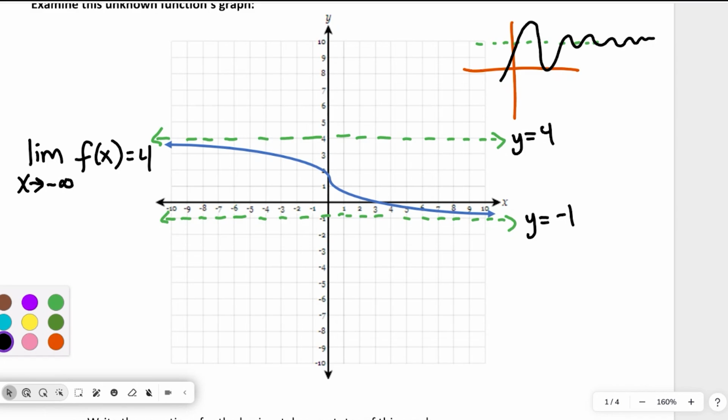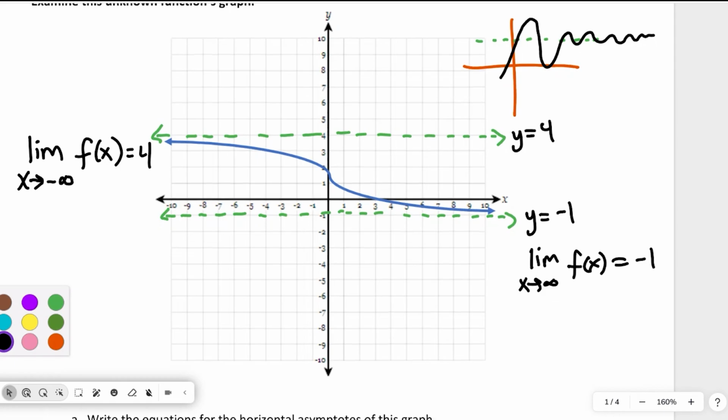So the value of the function as x goes to the left is 4. The value of the function as x goes to the right, which we can write as the limit of f of x as x approaches infinity, is what? -1. So your key takeaway from today should be that limits at infinity describe the horizontal asymptotes of the graph. They're essentially the same thing. That's what a horizontal asymptote is. It describes the limit at infinity.